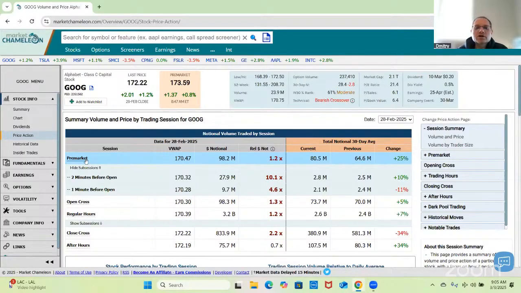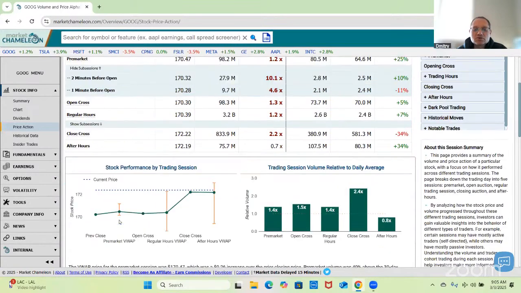And what the pre-market session does, and here we could see it graphically, is it allows trading activity in a pre-market, but it has a different set of rules that you don't have in the regular trading hours.